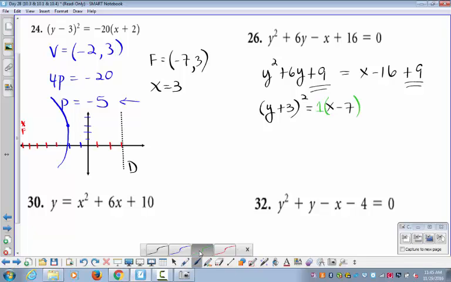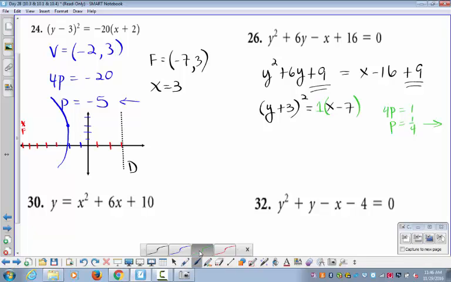So 4p is going to be 1 here. So 4p is equal to 1, so p will be equal to 1/4. Okay? So that's a positive p-value. That corresponds to up or right. And because y is squared and x is not squared, it's going to open horizontally, so we're going to conclude that it opens to the right.